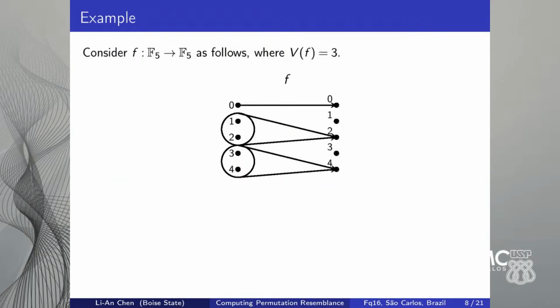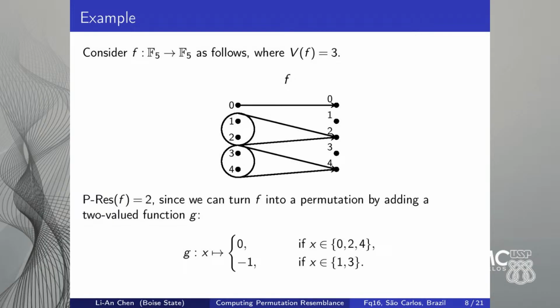Okay, so here is an example. I take f over F5, and this function is very simple: 0 is sent to 0, 1 and 2 are sent to 2, 3 and 4 are sent to 4. So overall, the image size is 3. And for this one, we can show that the permutation resemblance is 2, because I can turn this f into a permutation by adding this two-valued function g.